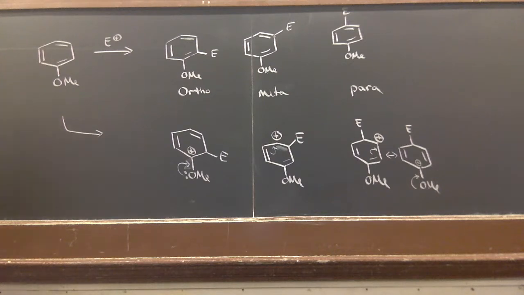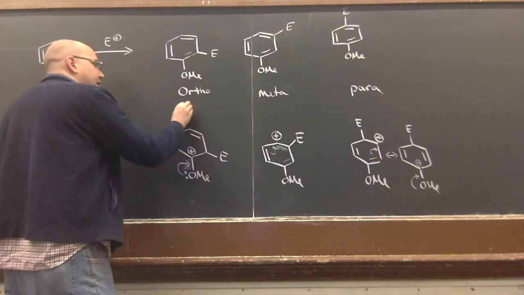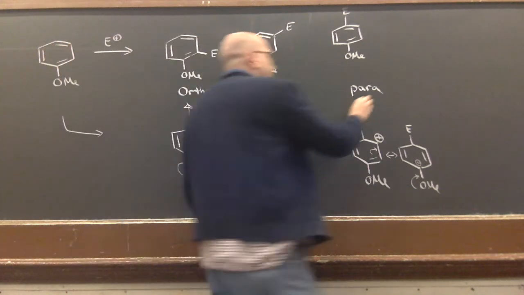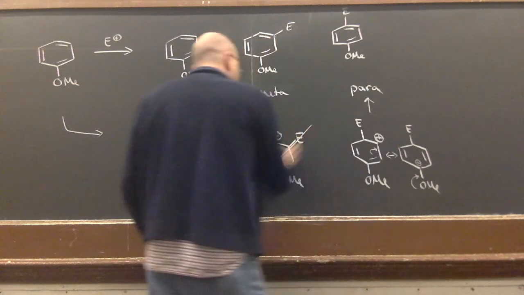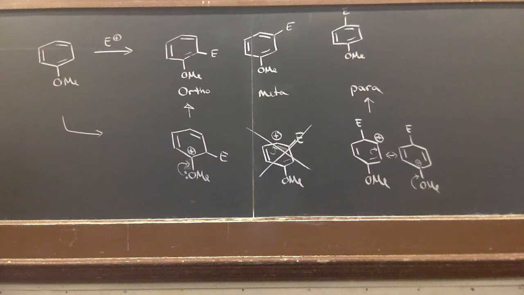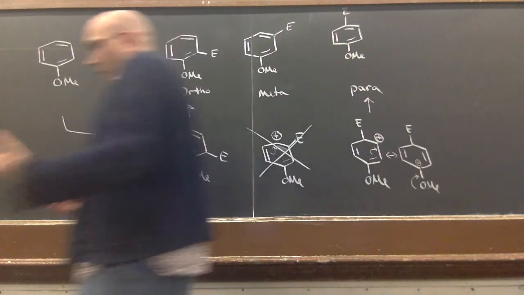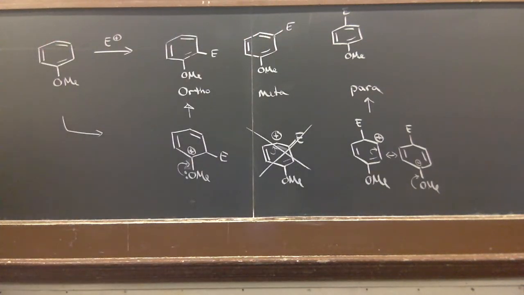And so what ends up happening is that this doesn't form at all, or it's not going to be as likely to form as the others, in part because the relative stability of this one and this one are going to be favorable.